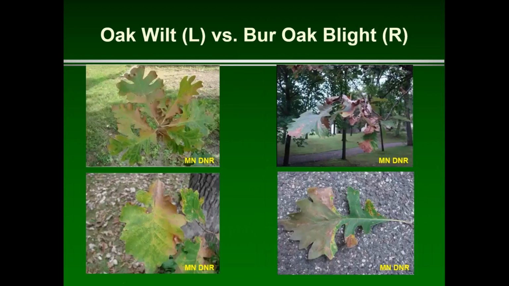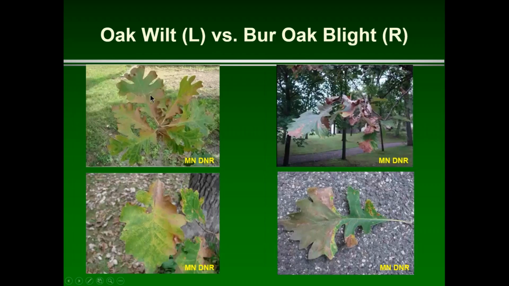Probably a disease that could be most confused with bur oak blight is oak wilt. Now, oak wilt is shown here on the left side of your screen. The BOB foliar symptoms are shown on the right side of the screen. So once again, oak wilt tends to form a discoloration of the entire leaf blade.